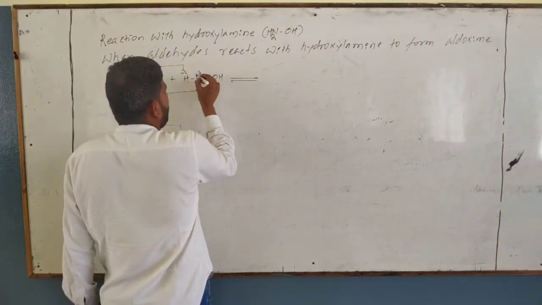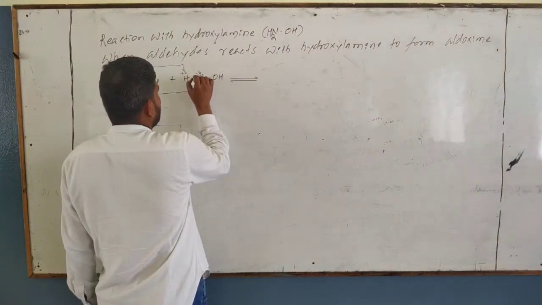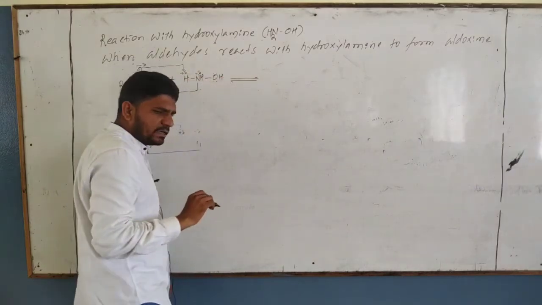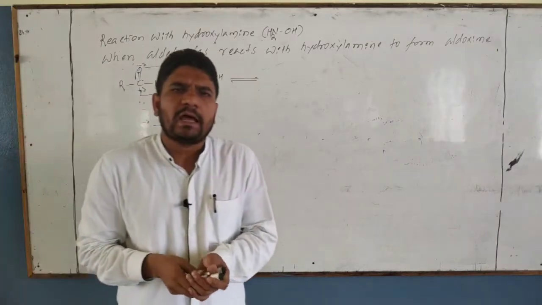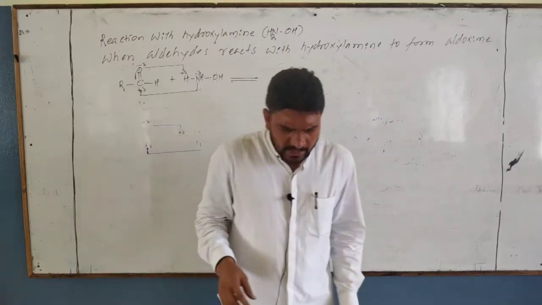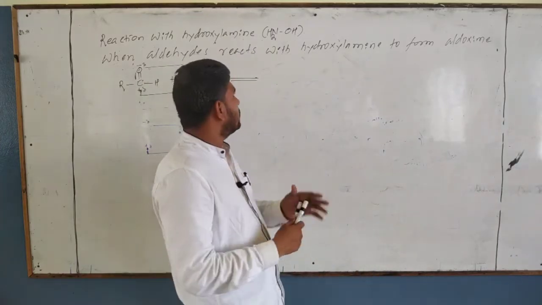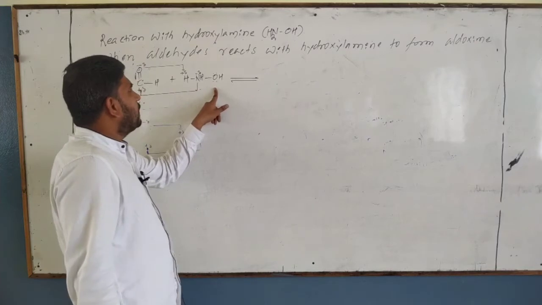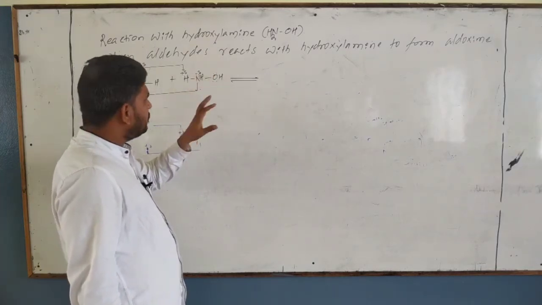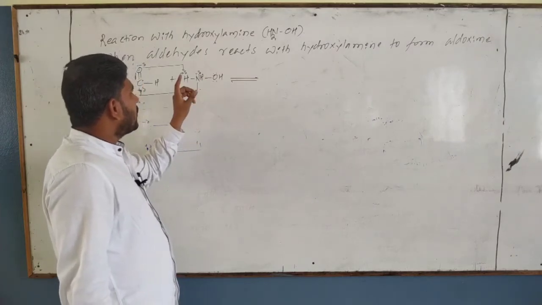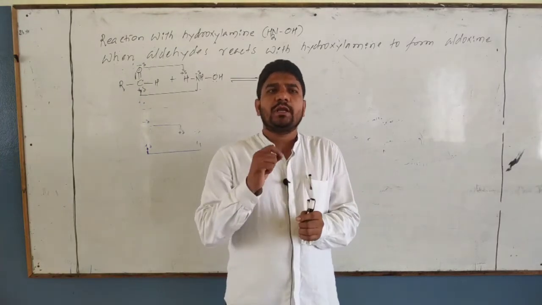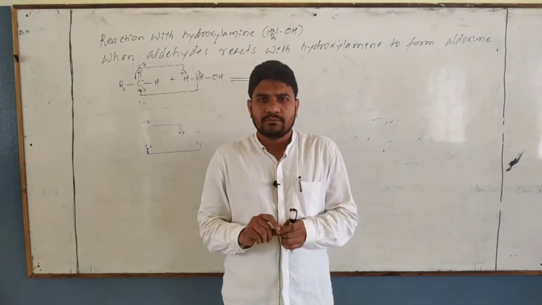You may have so many questions. Actually, over here nitrogen has a lone pair and oxygen also has non-bonded electrons. Both are having non-bonded electrons. The question arises, sir, can attack take place even through oxygen? Nitrogen also contains a lone pair, oxygen also contains a lone pair. But you remember, nitrogen has a greater tendency to donate a lone pair than oxygen.